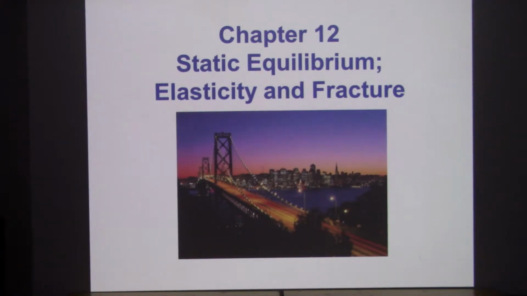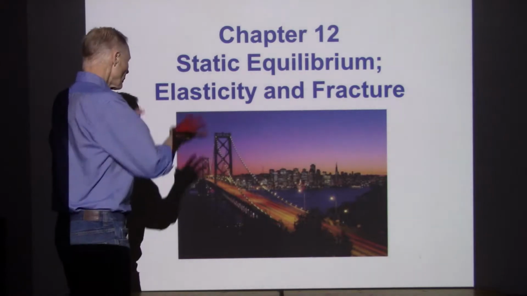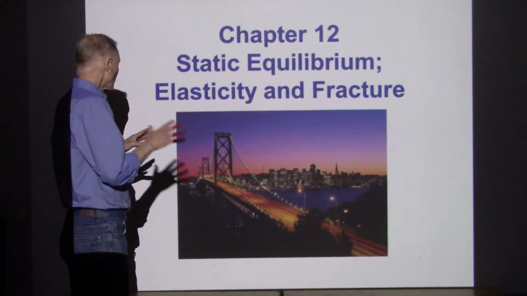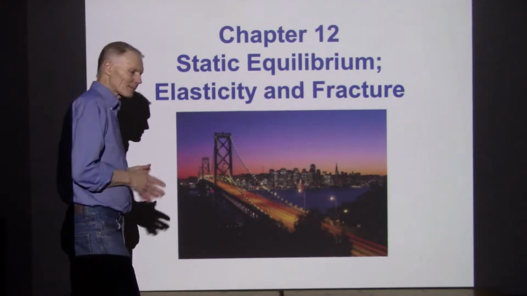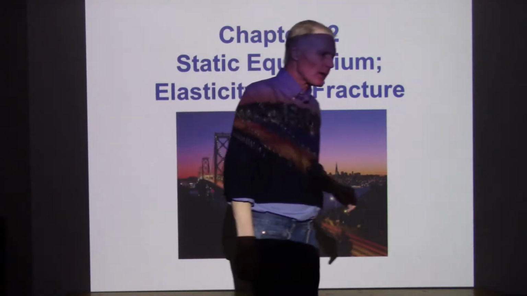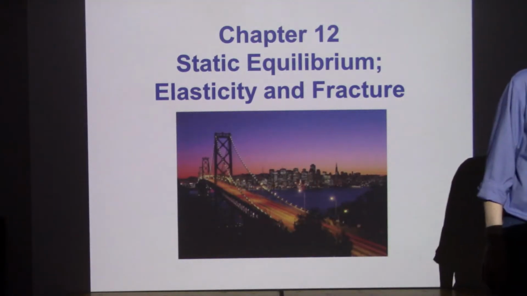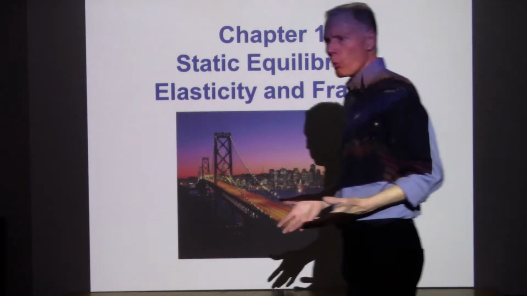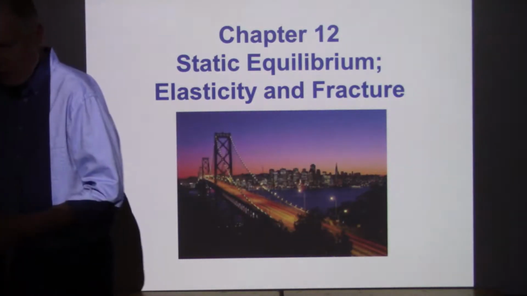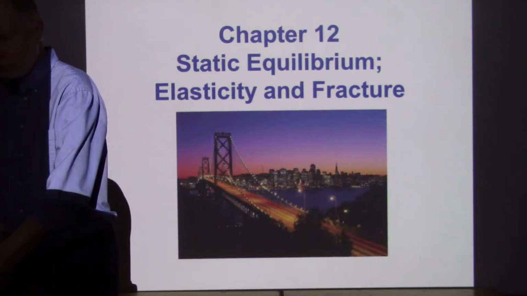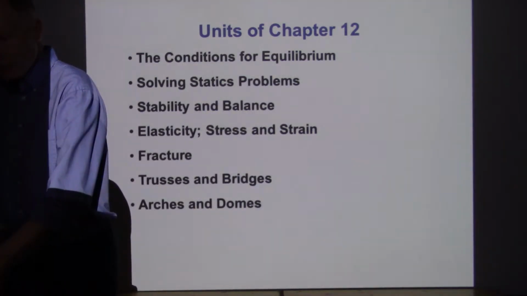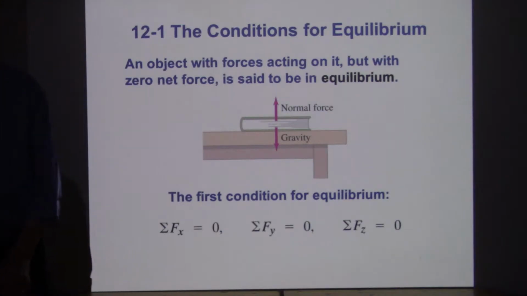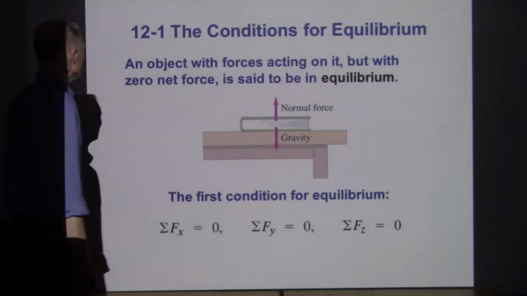And so statics deals with, for a building that's static or a bridge that's static, something that is meant to stay there, how do we analyze all the forces and make sure that there's enough support that these structures will remain solid, that they'll remain sturdy. So here are the topics, and let's look at an example here.